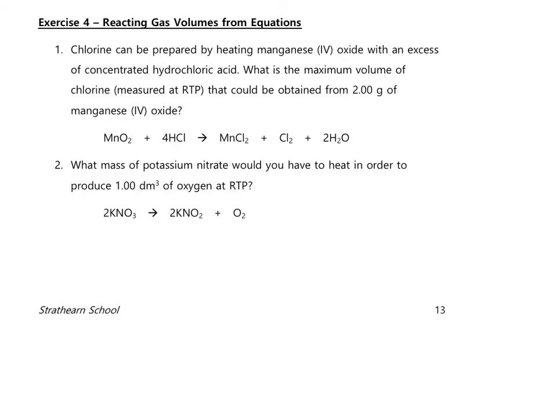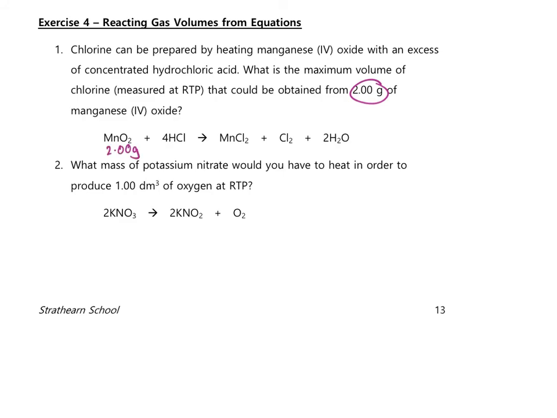But just to say with these 2 particular examples that you are actually given the mass to start off with, or you're asked to work out the mass. So in these cases, you actually will need to convert to moles first. So in the first question, you've got 2 grams of your manganese oxide, so you would be writing 2 grams here.